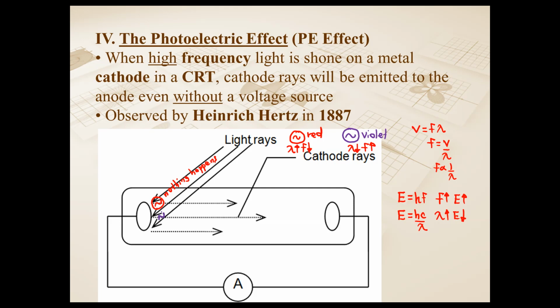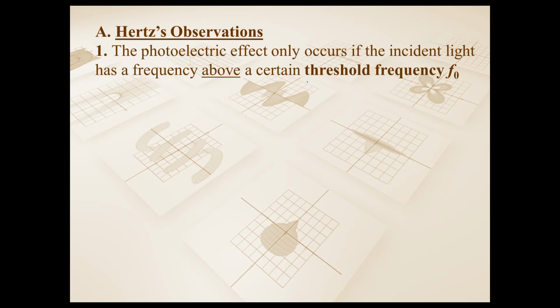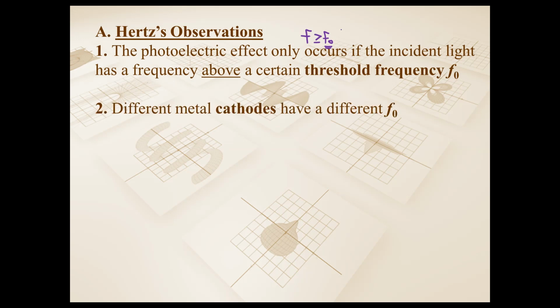So if we shine a higher energy photon here, then we could get the effect observed. Maybe. Depends on a lot of things. But the important thing is that this will only happen if your frequency is greater than or equal to a threshold frequency. It's the minimum frequency that you need to meet for the photoelectric effect to occur.